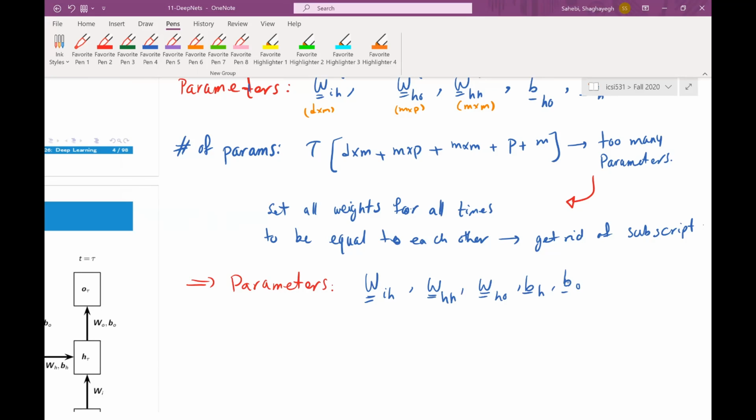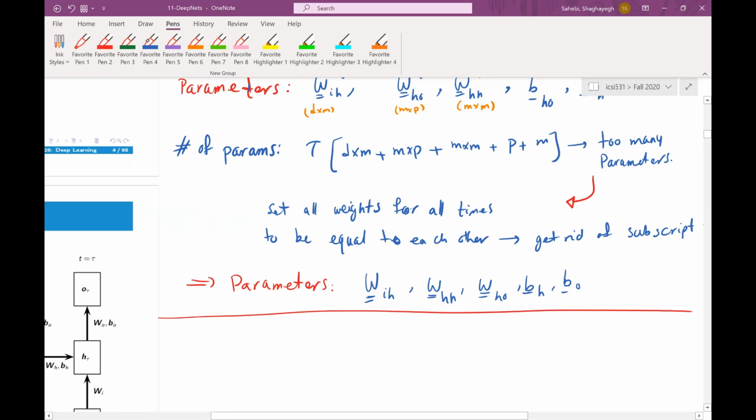Now, how are we going to calculate the output? What is the feed forward calculation for an RNN, because we said that it has this feedback loop?